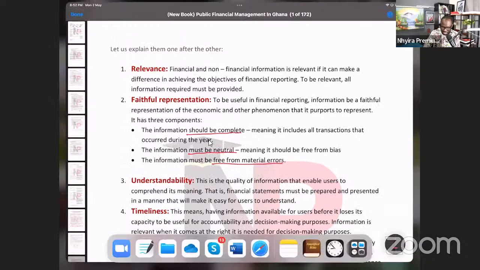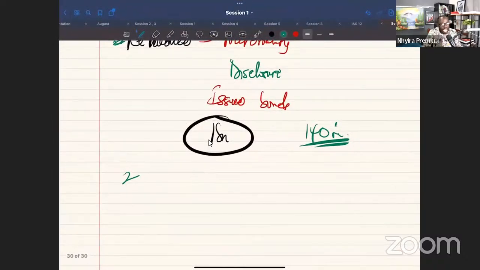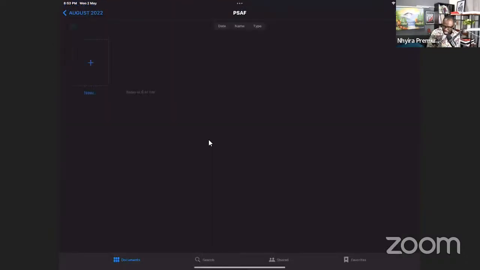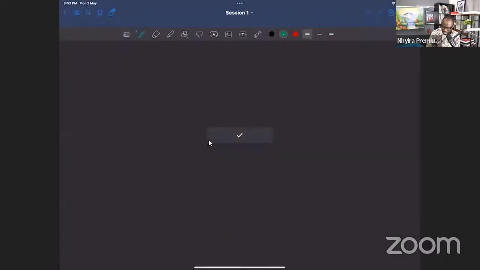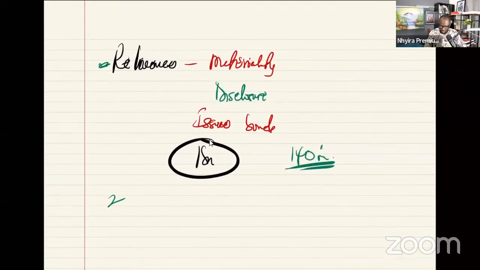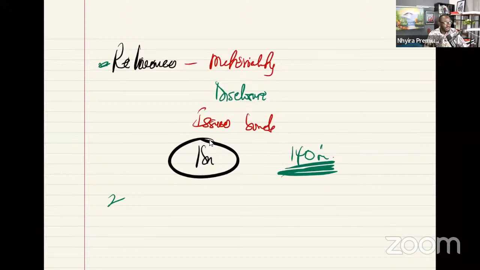Like I said, if IMF gives you 1 billion and you come and say that IMF didn't give you 1 billion, they gave you 140 million, is that an error or are you chopping the money? We don't know though, but one of the funds that is under judgment is the COVID fund.